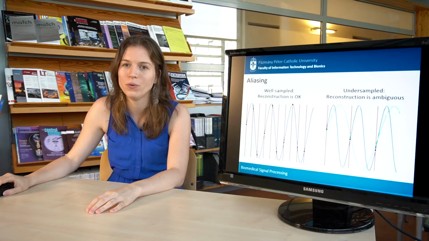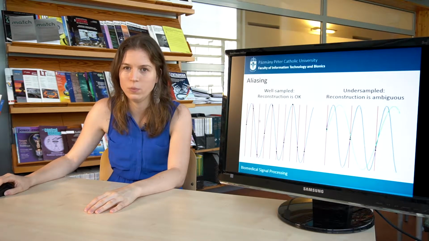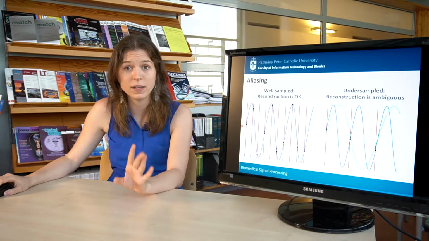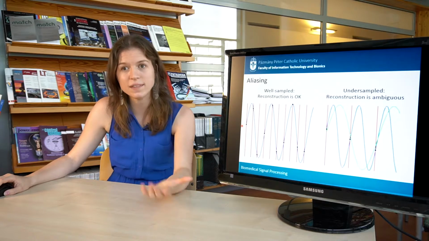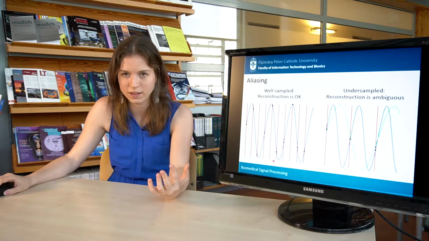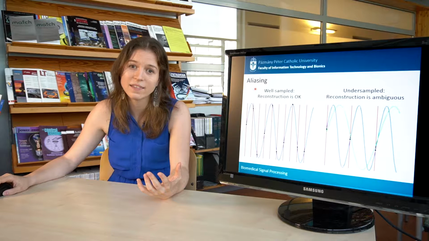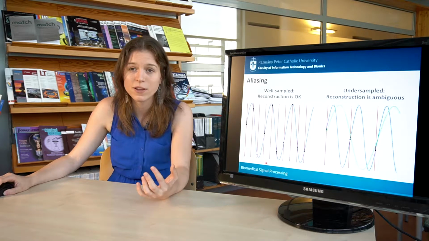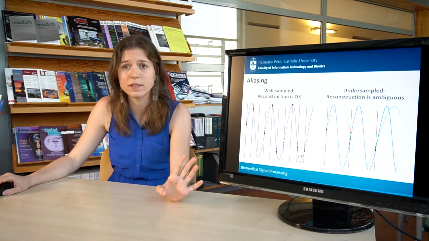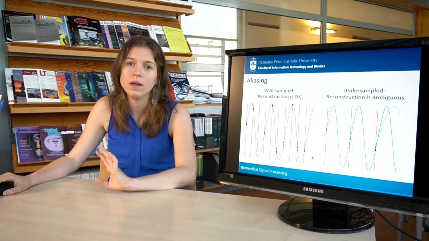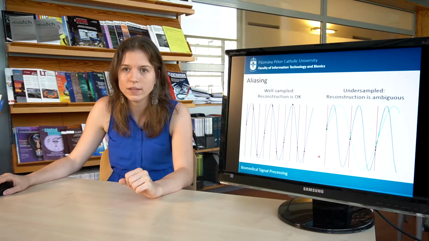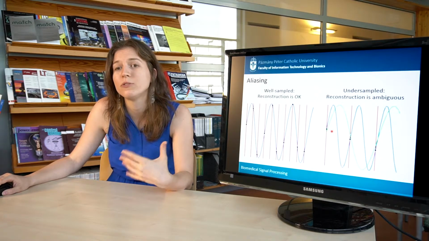If I show you a signal, this blue sine is our signal, and if I'm sampling it correctly, so at least with twice as high sampling frequency as the highest frequency component, which in this case should be at half of each period, so half of each period is sampled, then everything is okay. I can reconstruct my signal perfectly. But what if I'm sampling too sparsely?